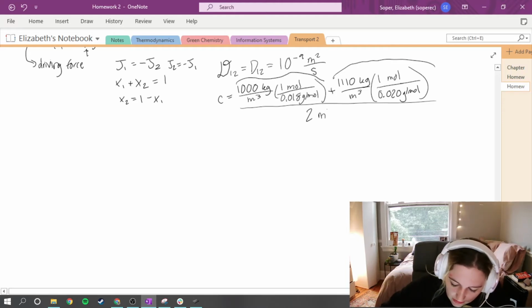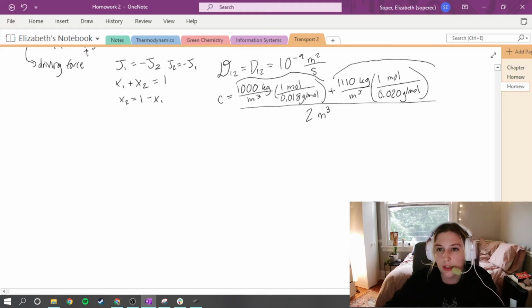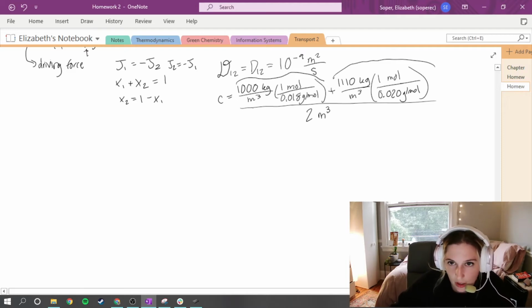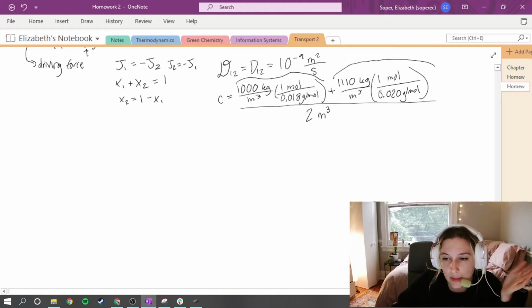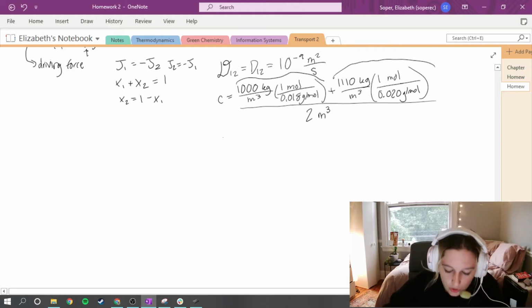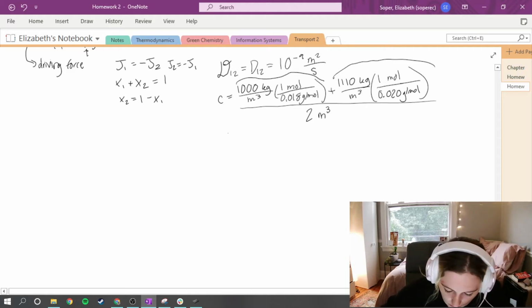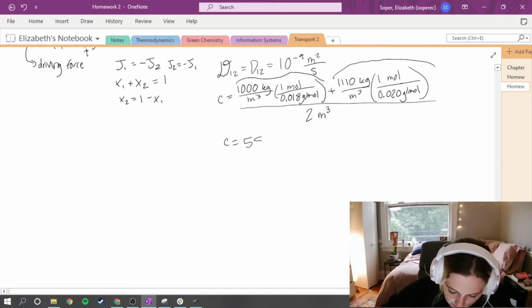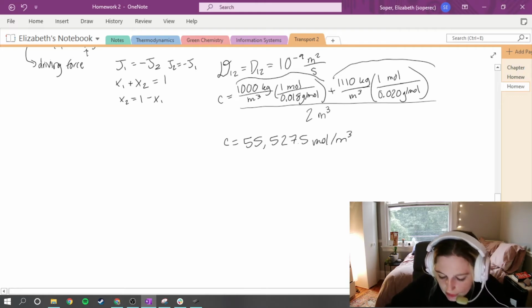So we're just going to assume that they're each taking up a meter cubed, which will cancel out these meter cubed on top here. So that's why we're dividing it by 2. I already did the calculation, and that's going to equal 55,527.5 moles per meter cubed.